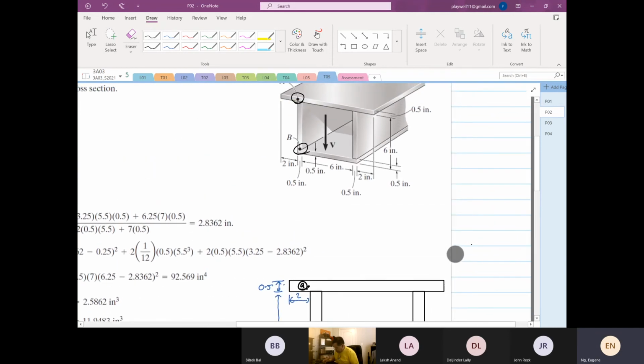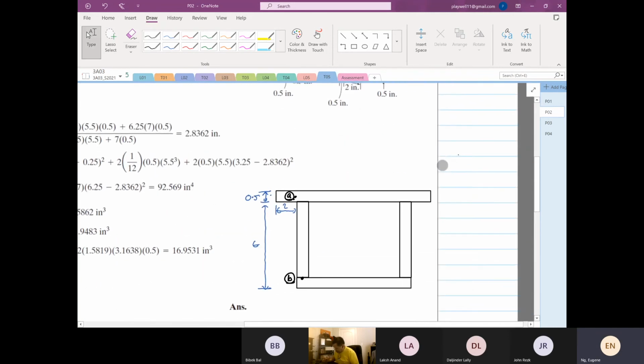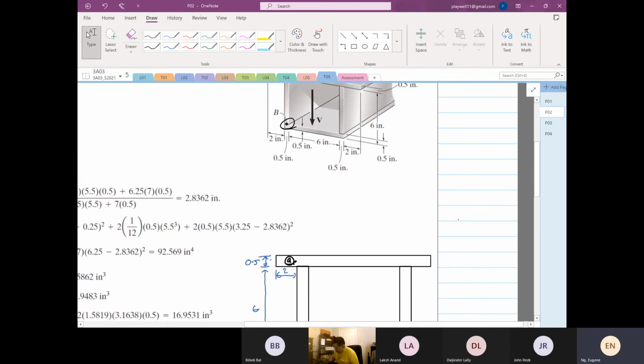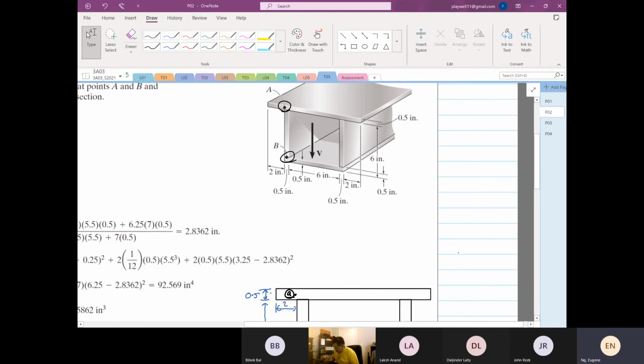The width is 6, so this is 7, right, this is 7, 6 plus 0.5, 7, and then the top part 6, 7, 11. Right, the top part over here is 6 plus 7, 7 plus 1, 11.